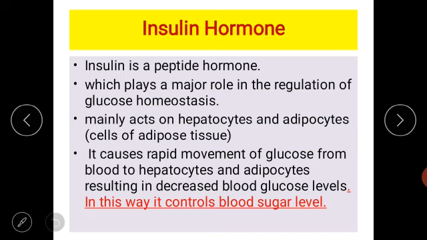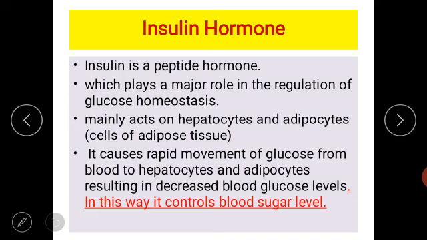Then we have studied insulin, a peptide hormone which plays a major role in the regulation of glucose homeostasis, maintaining the normal blood glucose level. It mainly acts on hepatocytes and adipocytes. Why? Because the high blood sugar level is brought to normal.